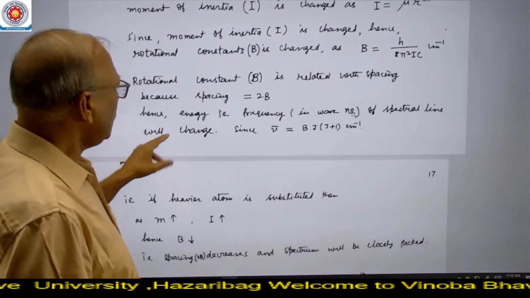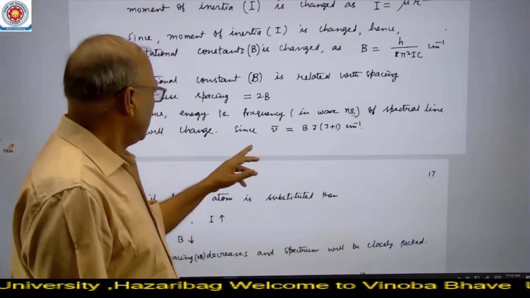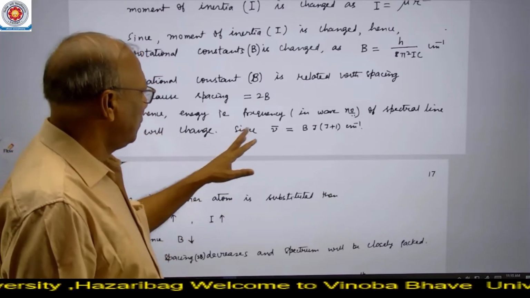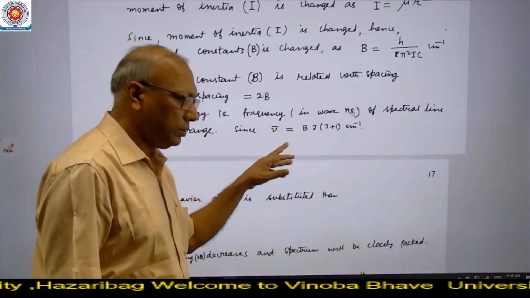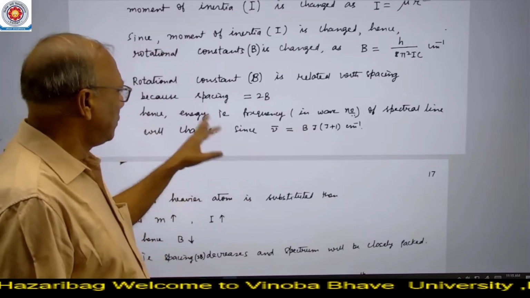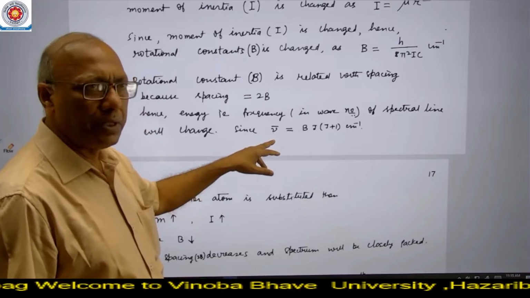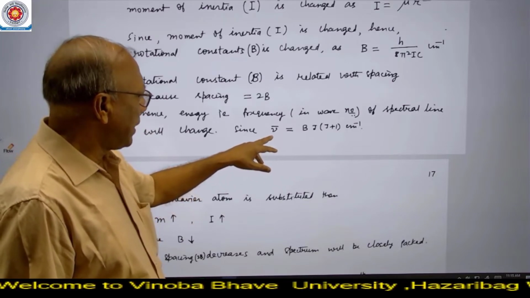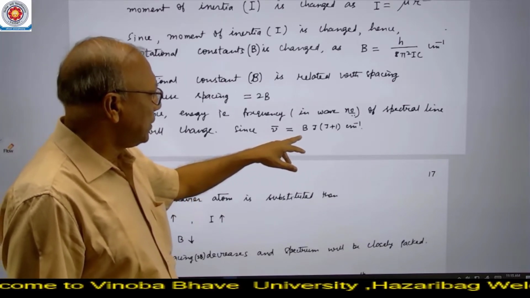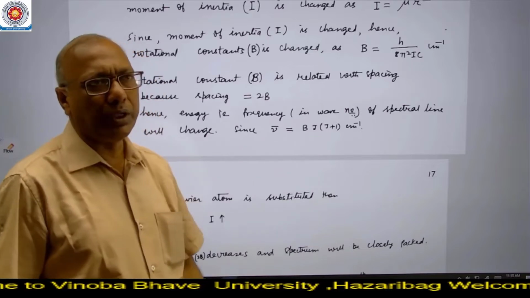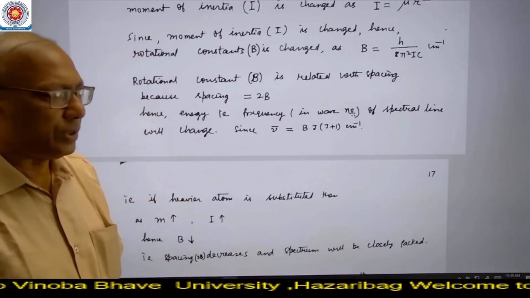So what will happen? In the normal case, the frequency in terms of wave number for rotational spectra, as calculated in our previous lectures, is nu bar equals B J into J plus 1 per centimeter.